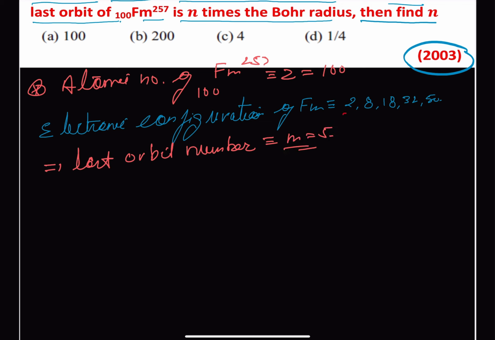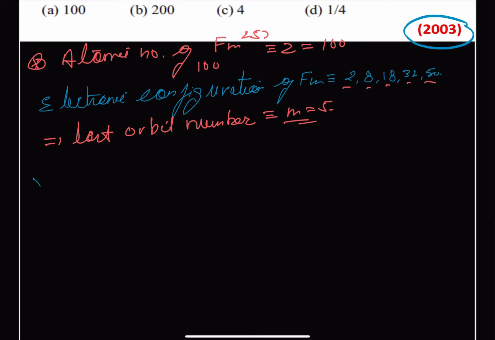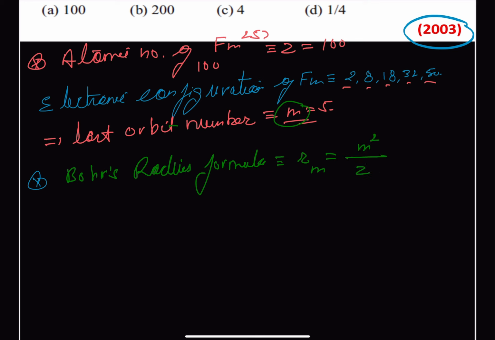Okay, 1, 2, 3, 4 and 5. And we can use Bohr's radius formula, which states that for the last orbit, if the radius is given as r of m, because we have assumed that the last orbit is represented as m, then this will be equal to m square divided by z multiplied by r naught.